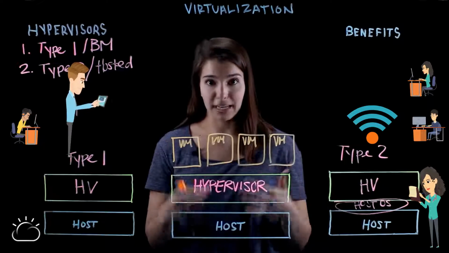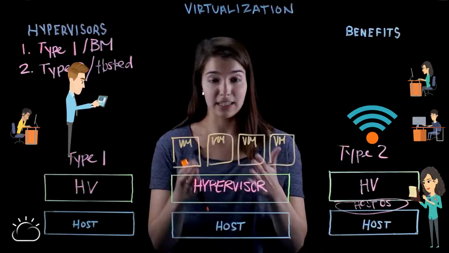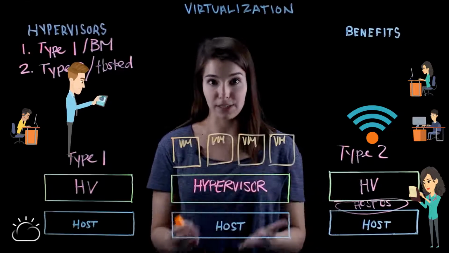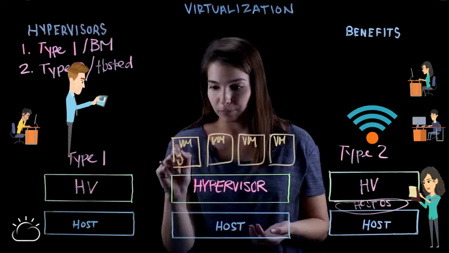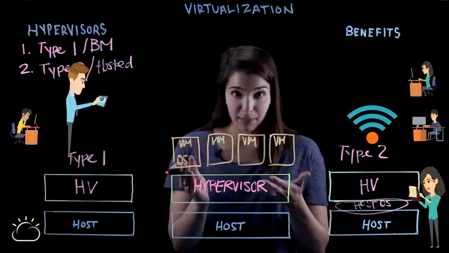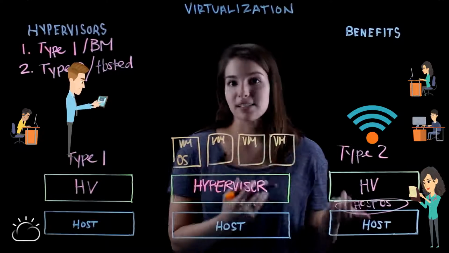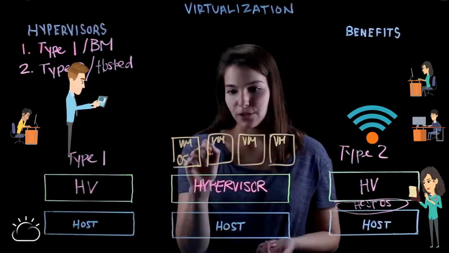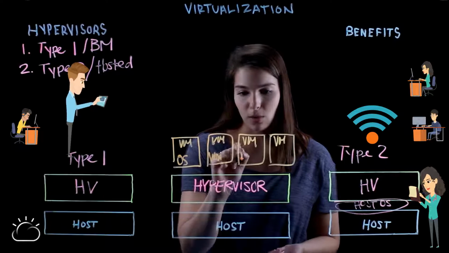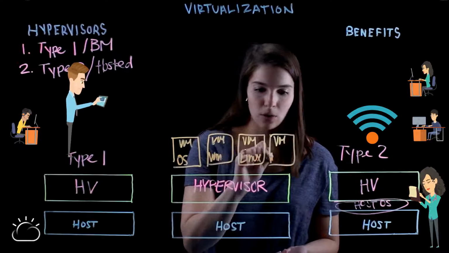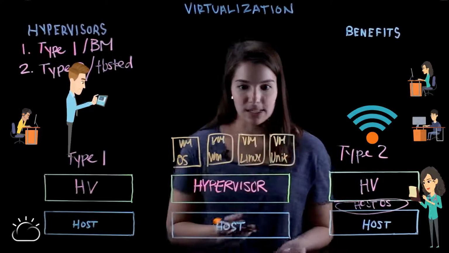The hypervisor manages the resources that are allocated to these virtual environments from the physical server. Because they're independent, you can run different operating systems on different virtual machines. So you could run Windows here, or Linux here, or Unix here, for example.